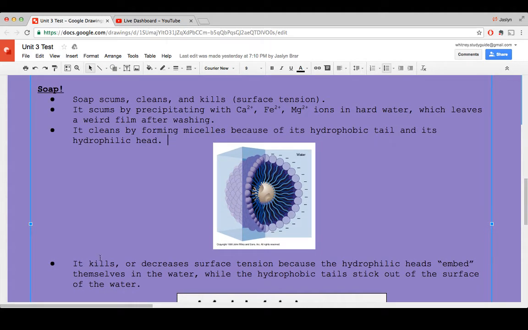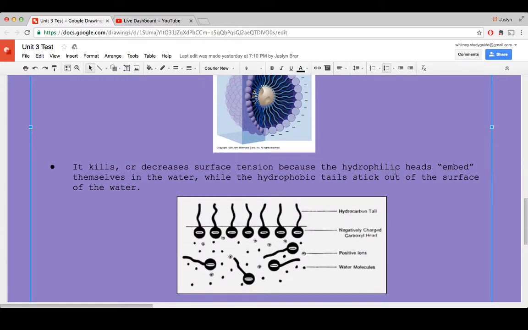So the third thing it does is kills, which is another word for decreasing surface tension, because the hydrophilic heads embed themselves. That's the word that is used in class, embed, like in this picture. And the hydrophobic tails don't like water, obviously, so they aren't too keen on submerging themselves in the water. They stick out of the surface of the water.